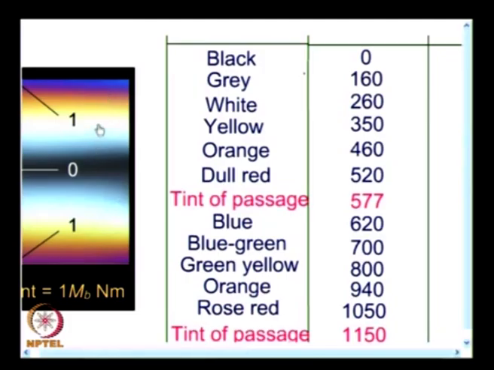So I see this color sequence here, which is labeled, and I have what is known as tint of passage, where there is a change between dull red to blue for the fringe order 1.